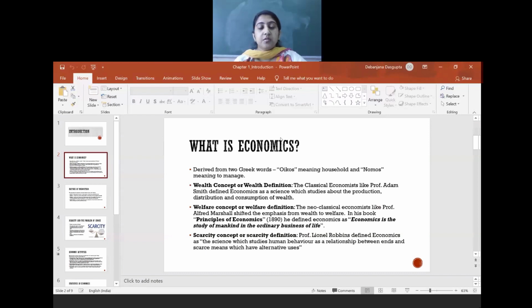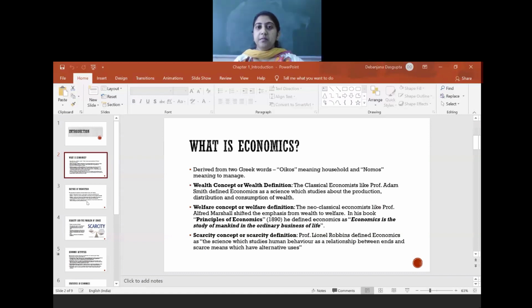So, modern economics suggested that the study of economics actually helps us in making choices. And why do we need to make a choice? Because, according to the modern economists, there is a scarcity of resources and human wants are unlimited. So, here comes the problem of choice making. And the study of economics helps us in dealing with the problem of choice making.